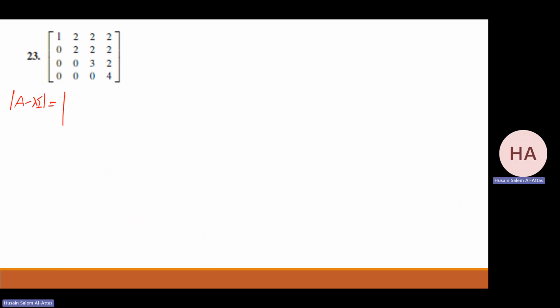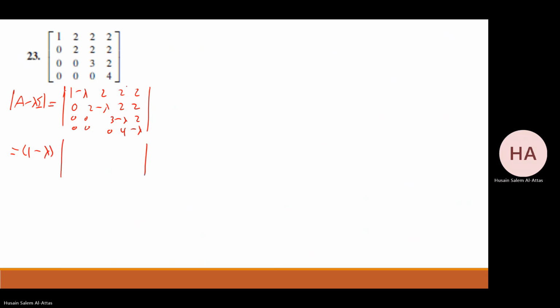Yeah, I choose them to be easy ones. 2, 2, 2. 0, 2 minus lambda, 2, 2, 2. 0, 0, 3 minus lambda, 2. 0, 0, 0, 4 minus lambda. So I'll do expansion with the first row. Yeah, it's a matter of calculation now.